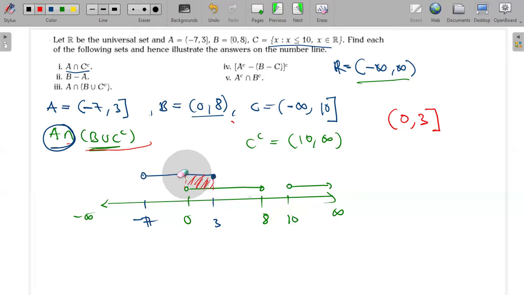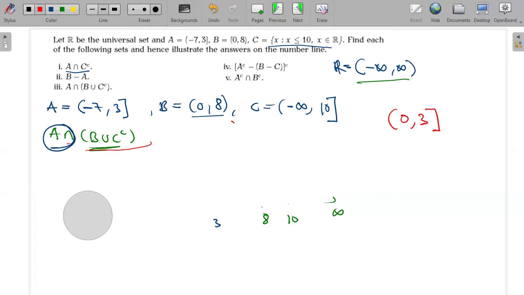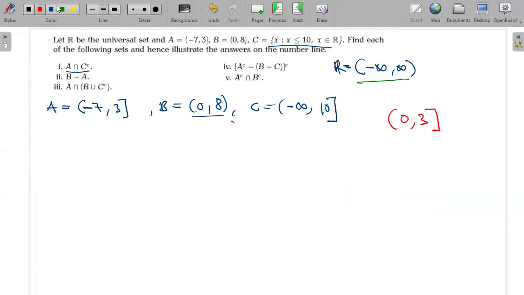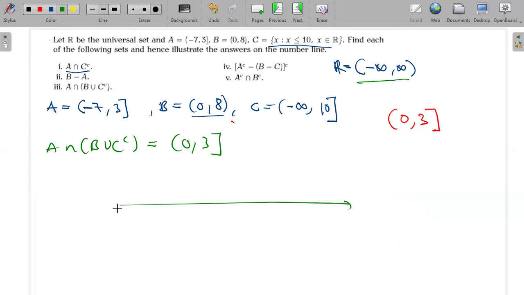I can then write that A intersect (B union C complement) is equal to (0, 3]. Drawing this, you have 0 and you have 3, and there it's open and there it's closed, like that. Okay, so these are the numbers that we are talking about.